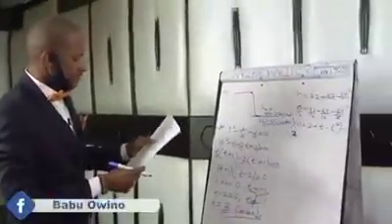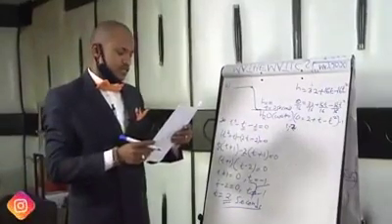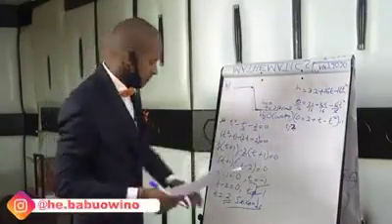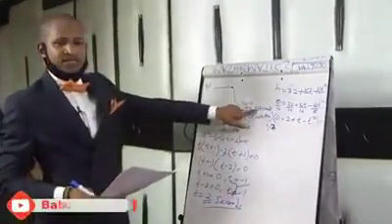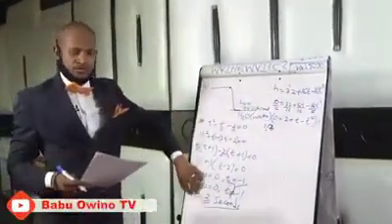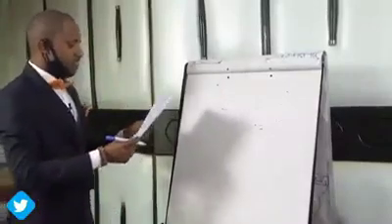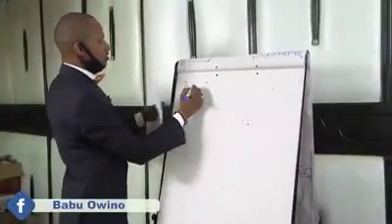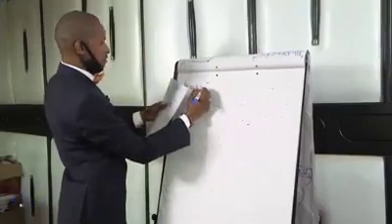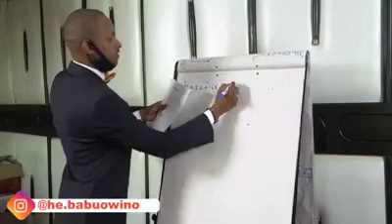Then the next part of the question is to find the velocity at which he hit the water surface. So I want you to keep in mind that time is equal to 2 seconds. From our initial equation, h is equal to 32 plus 16t minus 16t squared.